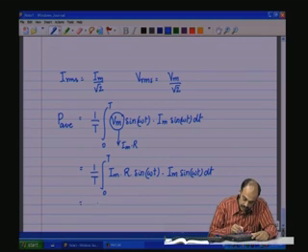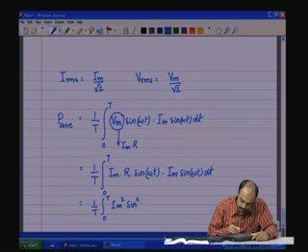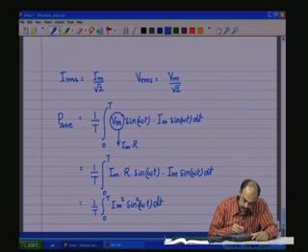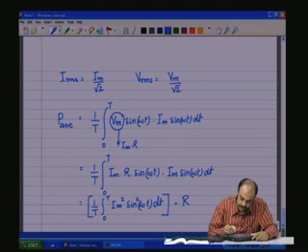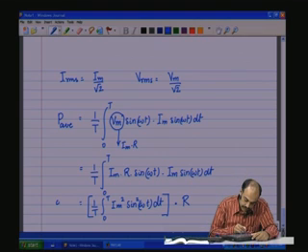So, we see here 1 by T integral of 0 to T Im square sin square omega t dt into R will result in the power which is watts.